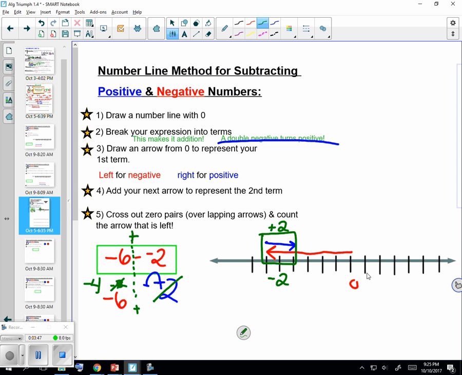And if I count 1, 2, 3, 4, I still have negative 4 left. So the answer of 6 take away negative 2 is negative 4. Remember, we rewrote this to be negative 6 plus positive 2. Interesting.